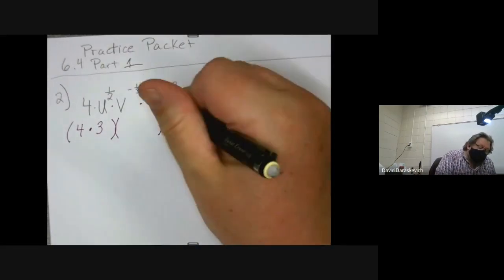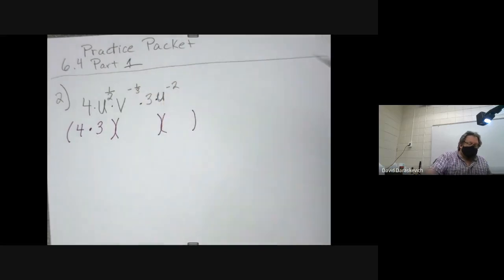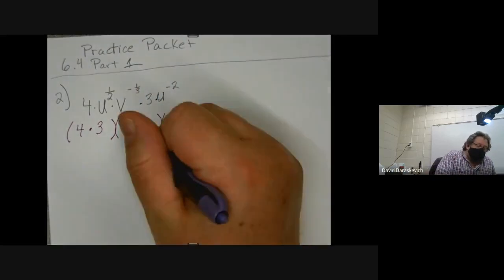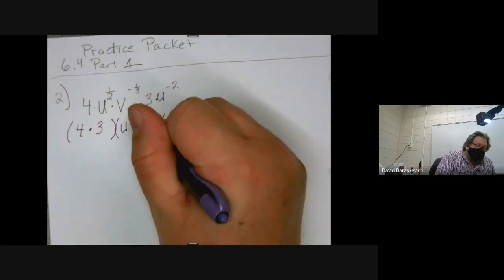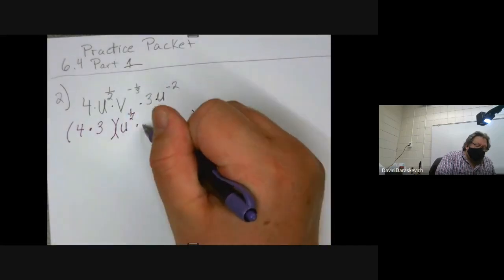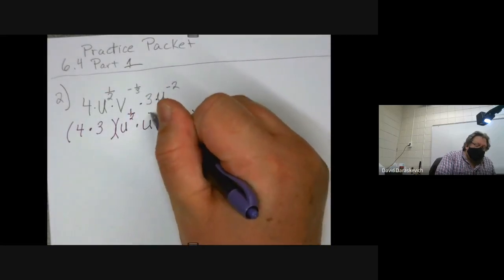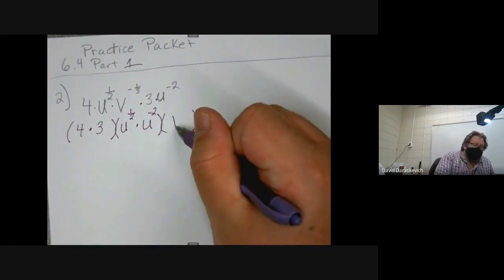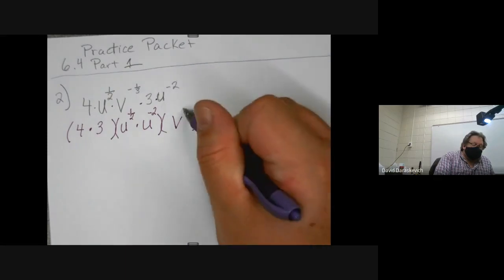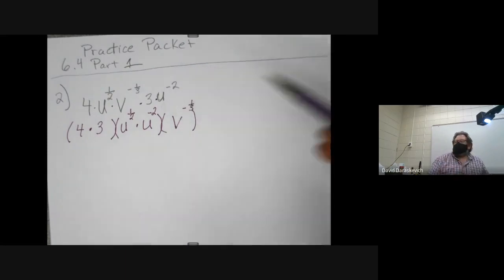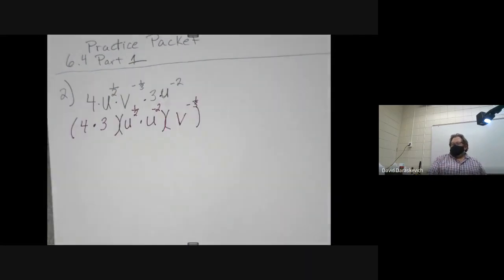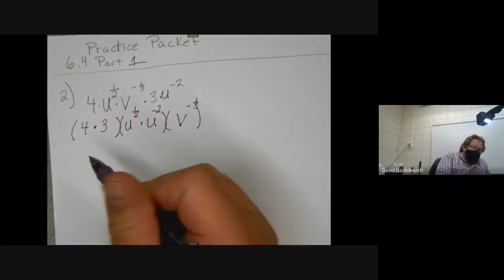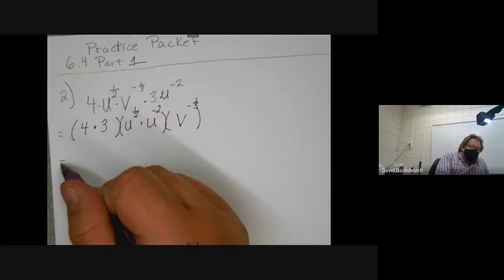So the 2 u's, I have u to the 1/2 times u to the negative 2, and then my v to the negative 1/3. Okay, well, the first part's easy. 4 times 3, 12.